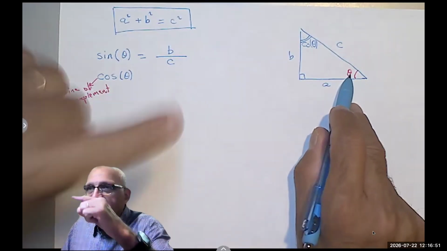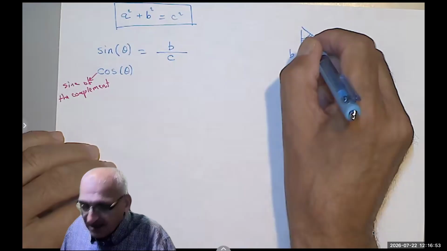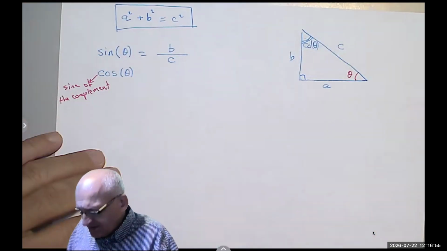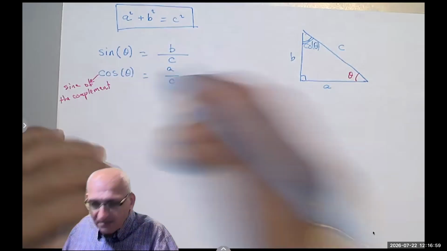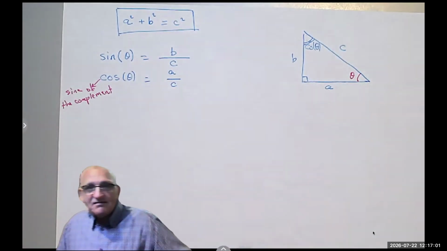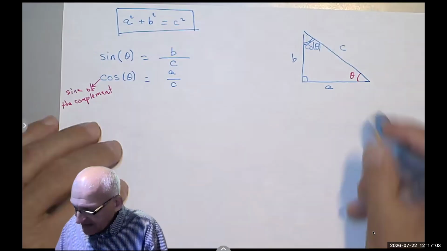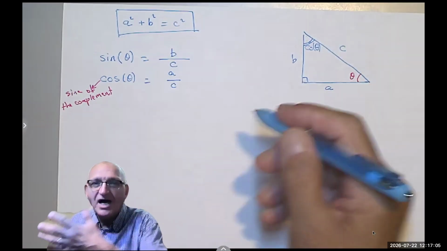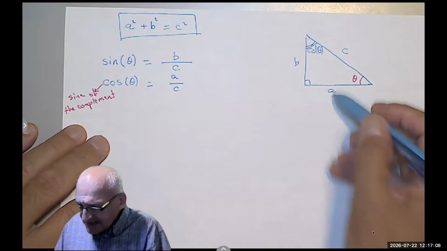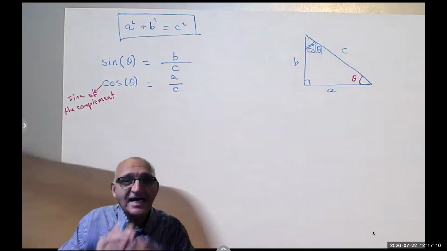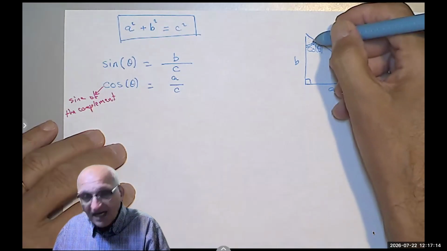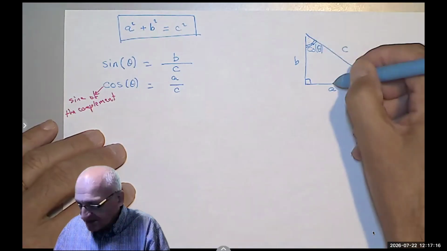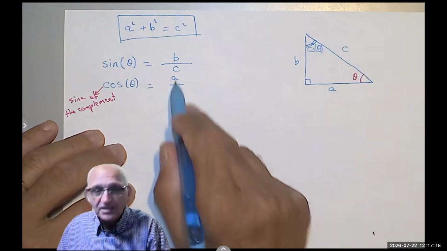Meaning, what is the sine of this angle, the complement of it? It's still the opposite over the hypotenuse. We didn't do anything else. We said instead of saying adjacent, as you say in SOHCAHTOA, no, it is the opposite of the complementary angle, meaning sine of the complementary is opposite over hypotenuse, the same thing.